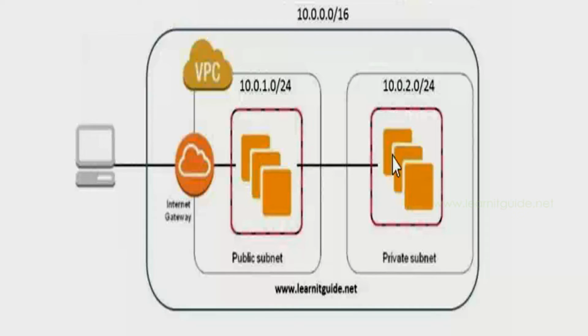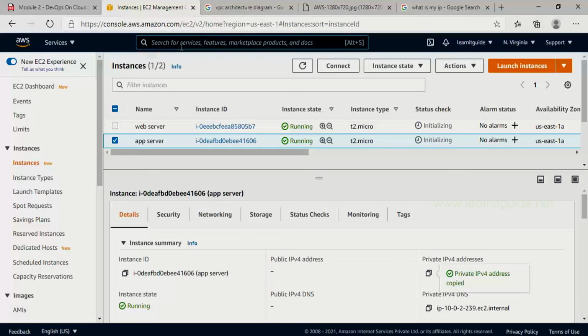Even if you create the NAT gateway for the private subnet, it has to be attached in the public subnet, because that is where the internet gateway is, to send the traffic for your private subnet hosted EC2s. And you will make the route entry on the route table of the private subnet. So just go to VPC.